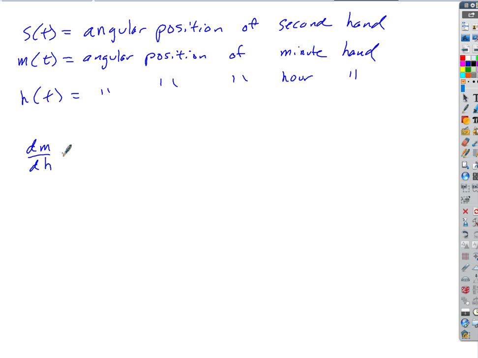What's that mean? First of all, don't tell me the answer, but what does that mean? Okay, but I want it in terms of a rate. That's the rate of change of the angular position of the minute hand with respect to the position of the hour hand, right? Okay. So what is that?